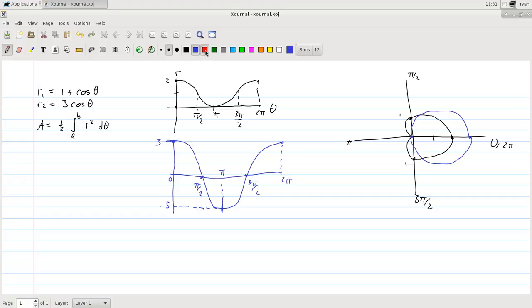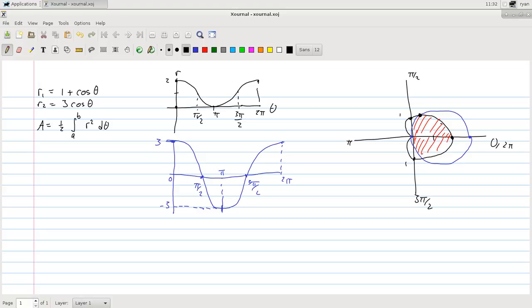Now, they want to know the area of the region inside, and they're talking about this area in here. Now, this curve is symmetric, so we could look at just the area of, say, the top half and then double that. To do that, though, I see that right here, what the outer function is changes.